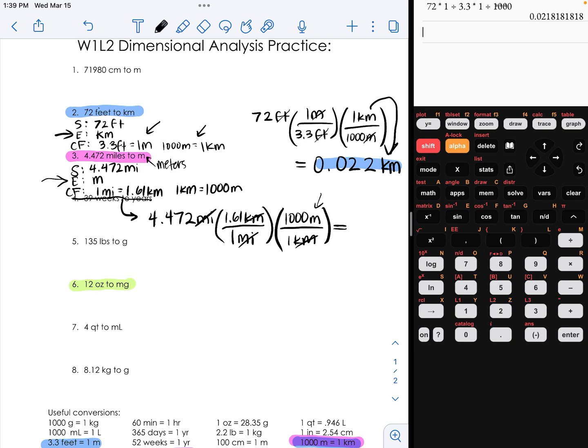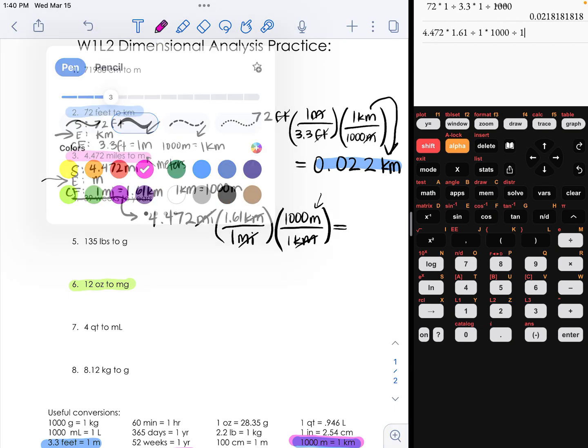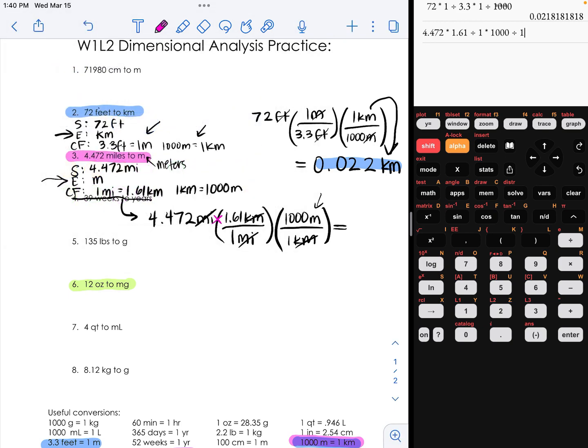Okay, let's type it in together. We're going to take our 4.472, multiply by 1.61, divide by 1, multiply by 1,000, and divide by 1 more time. You guys can see I'm just kind of doing a zigzag here. I'm multiplying here, and then to go down here, I divide.